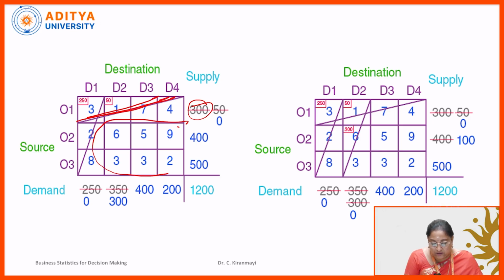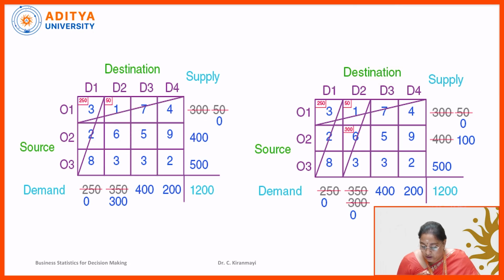This is the matrix we are left over with. We have deleted this first column and first row, and the matrix which is circled here represents the leftover matrix. Again in this one, this is going to be the northwest corner. Now for this cell we have to make allocation. So here total units to be supplied is 400 and the demand for this cell is 300 more.